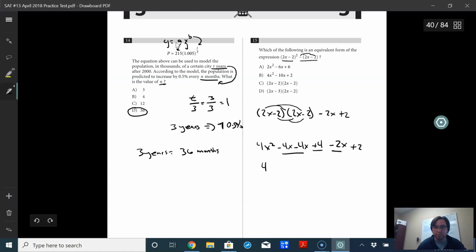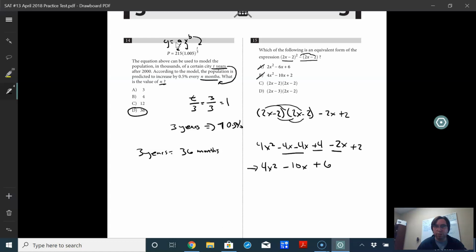So now we have 4x squared minus 10x plus 6. One thing we can try to do is we know that looking at this does not agree with A or B. So now we're just trying to find the factored one.